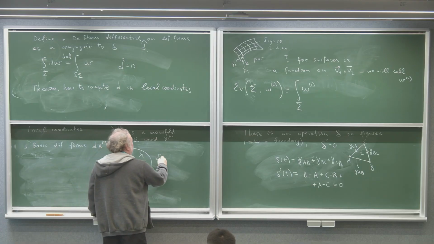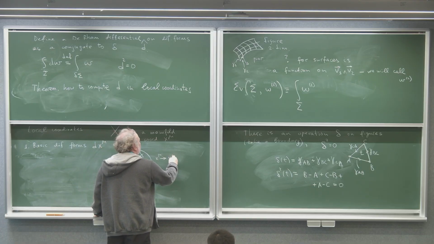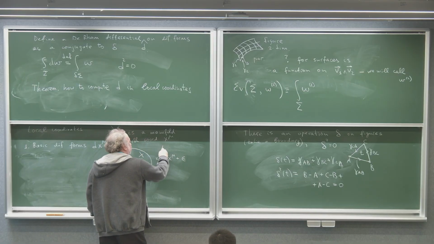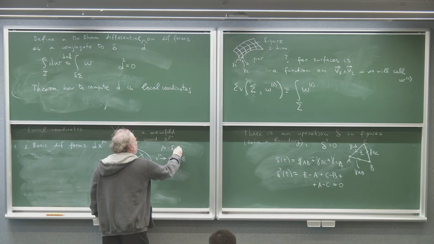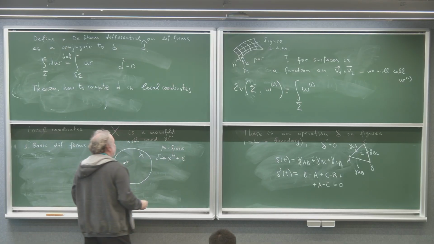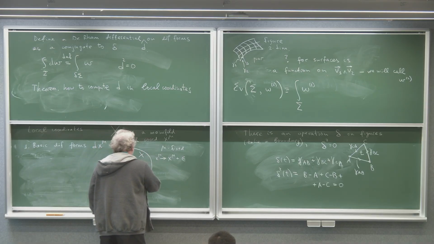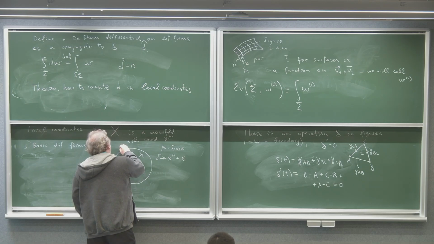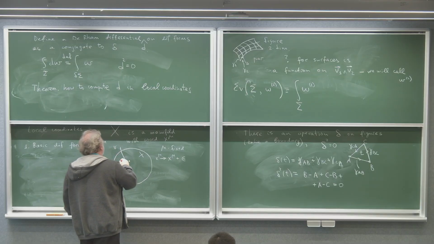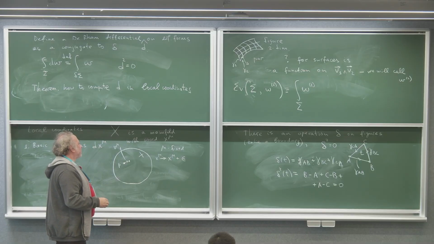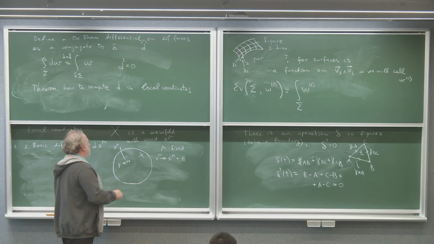It means that I'm shifting x mu to x mu plus epsilon. Here mu is fixed. And I call such thing vector v mu.